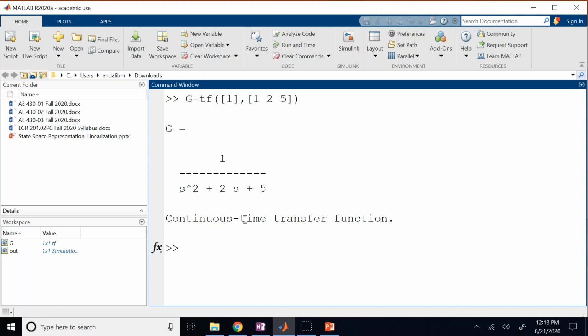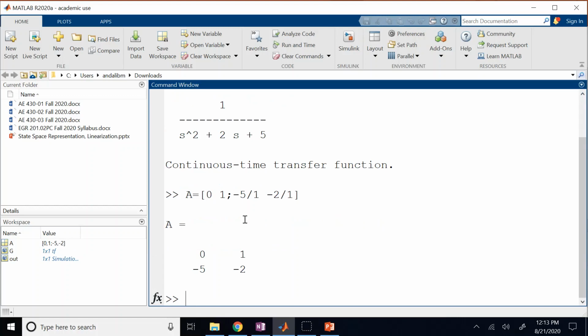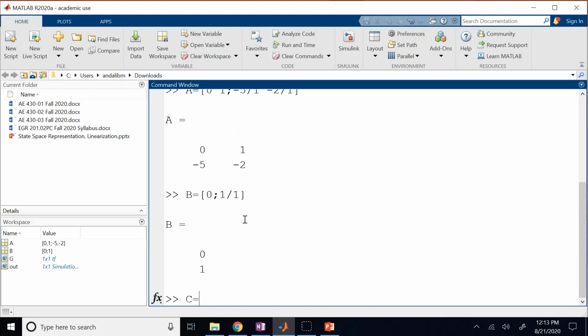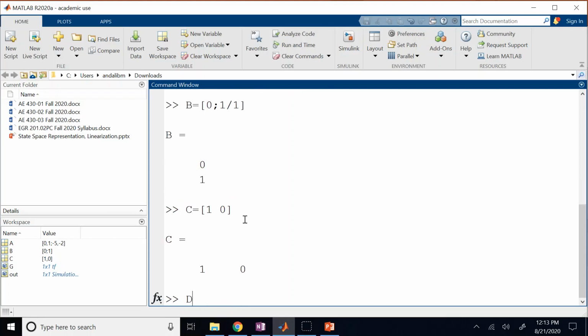Now, I showed you that the matrices A, B, C, D for this case were: A is 0 and 1, then negative k over m and negative b over m. B was 0 and 1 over m, C was 1 and 0, and D was simply 0.